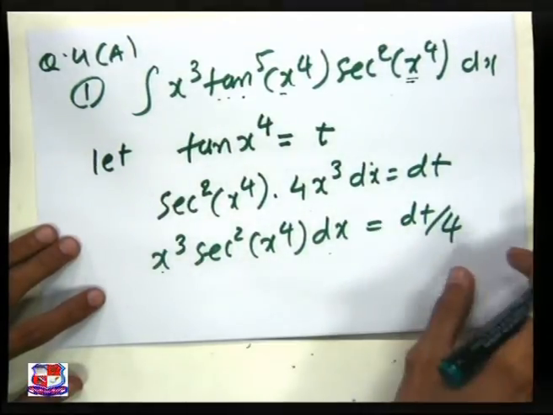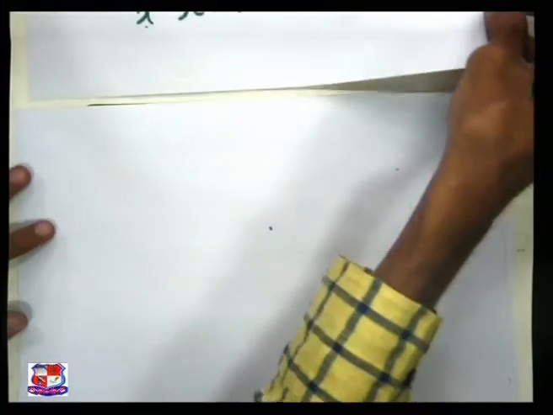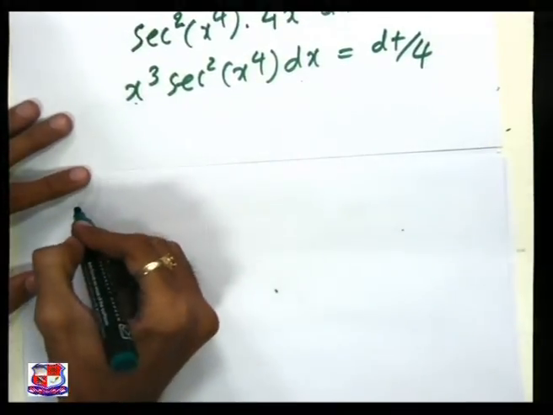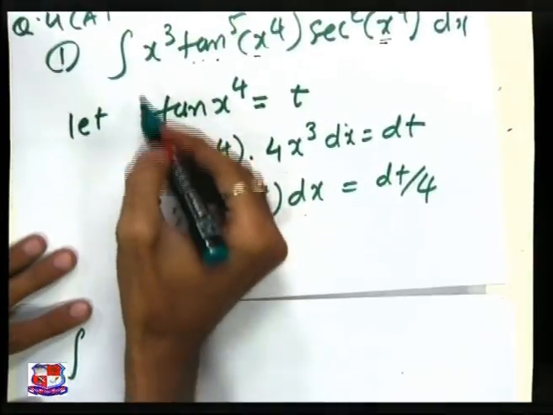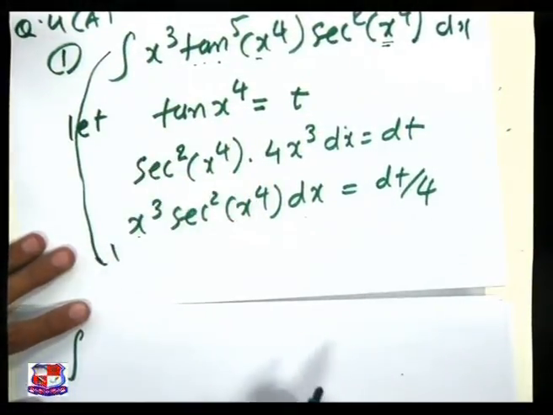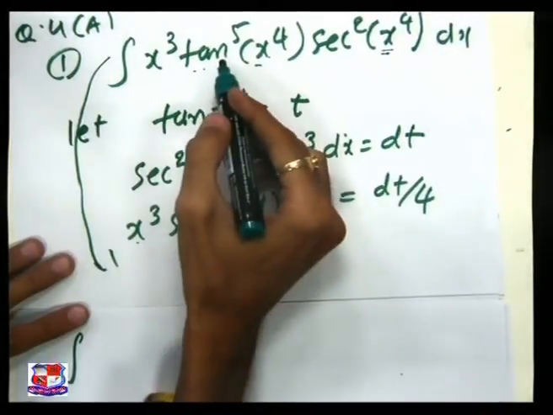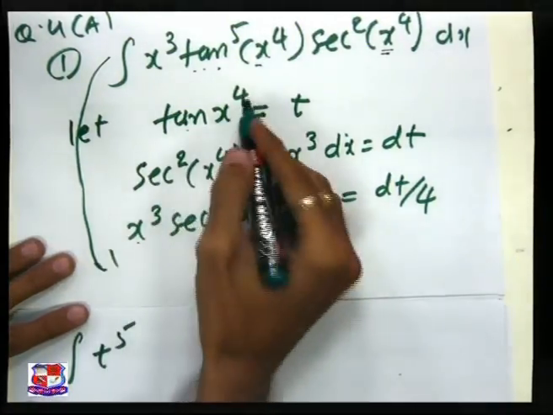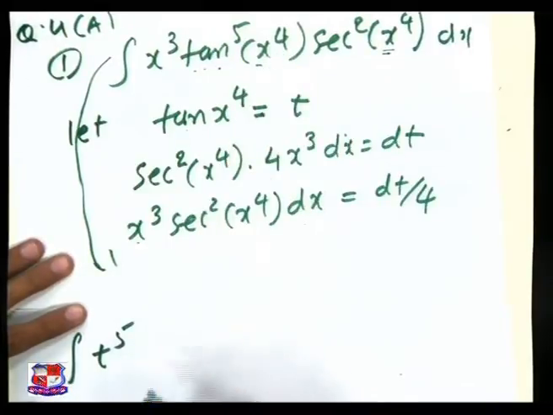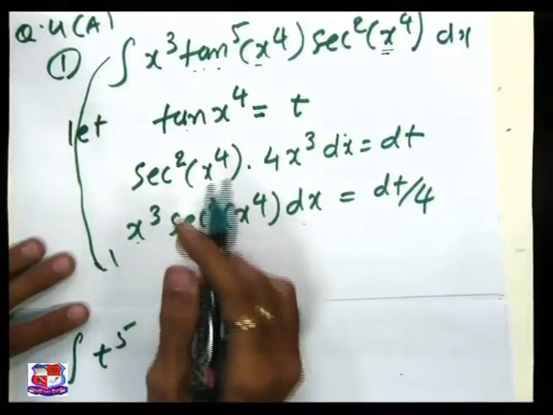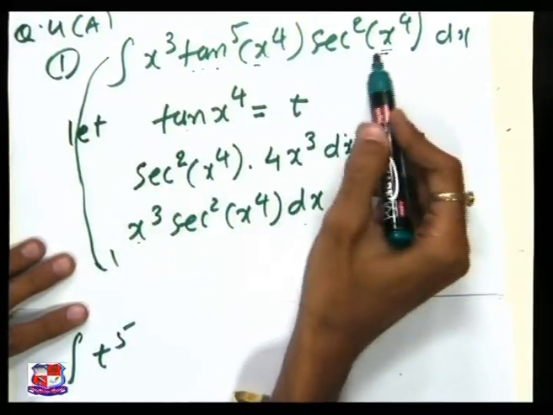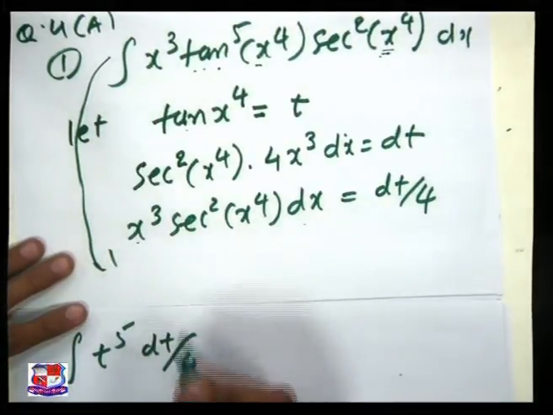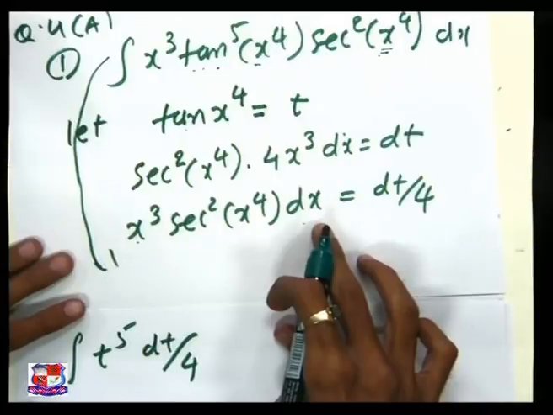So our integration, directly I will write here, 10 raised to 5 x raised to 4 is equal to t raised to 5, because 10 x raised to 4 is equal to t, and x cube into sec square x raised to 4 into dx is equal to dt upon 4.